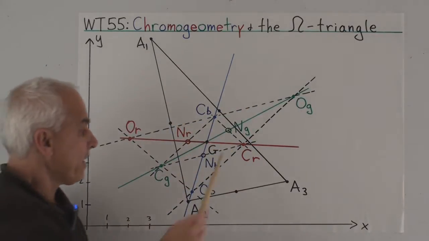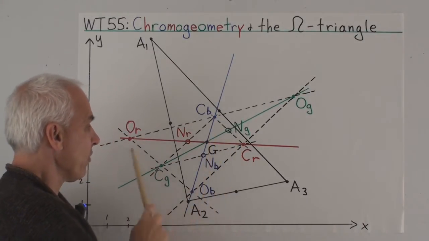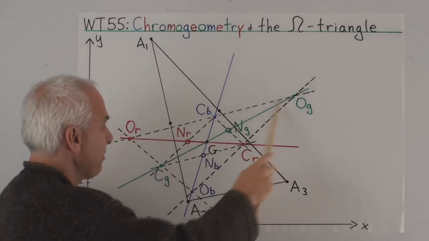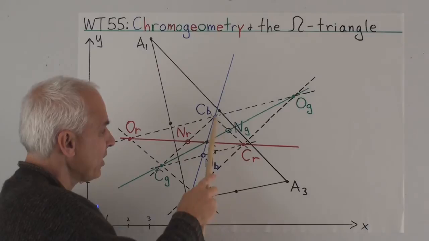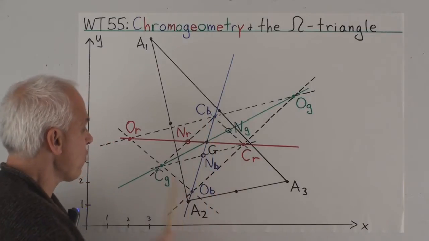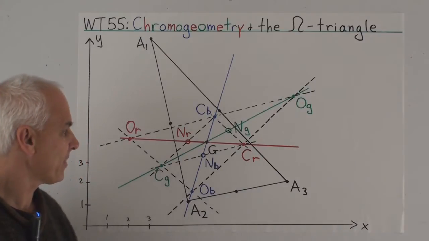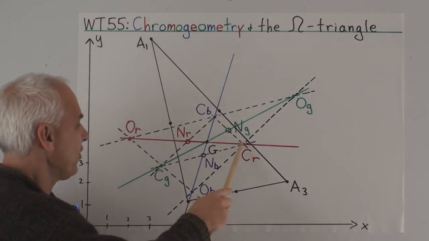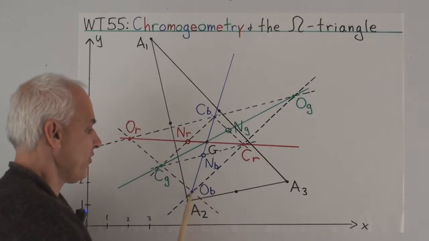But moreover, the ratio of this vector to this vector is in the ratio 1 to 2, because this triangle here is similar to this triangle in the ratio of 1 to 2. So we can also say that this quadrant is 1/4 the quadrants of this one in each of the 3 geometries. And similarly for the other ones, this is 1/4 of this one, and this one is 1/4 of this one in quadrants.